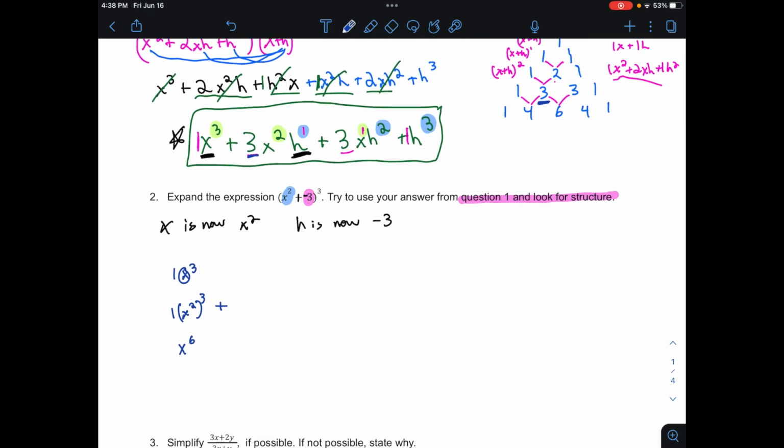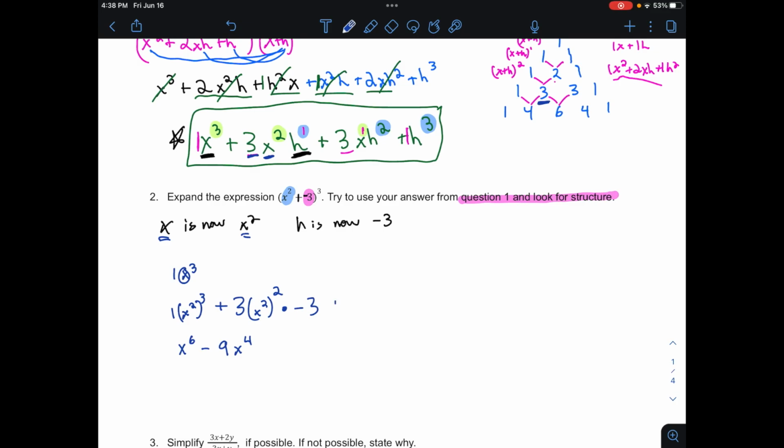So plus 3 x squared, but remember x is now x squared, so it's x squared squared, times h to the first, but h is now negative 3, so times negative 3 to the first power. Well, 3 times negative 3 is negative 9. X squared squared is x to the 4th.